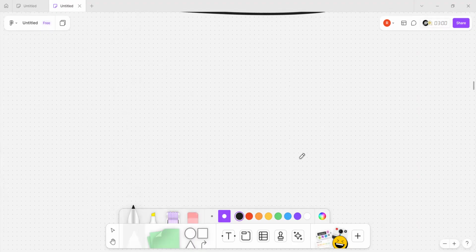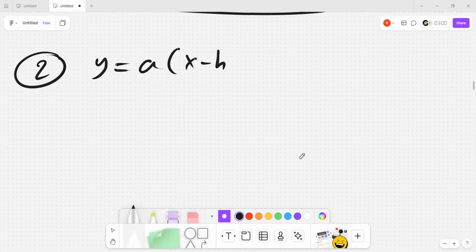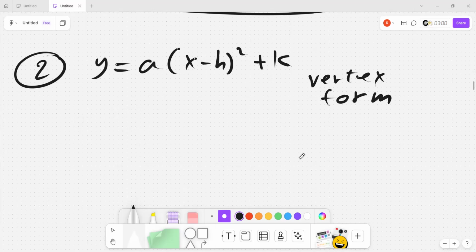Next, the second equation that represents the parabola is also written as y equal a(x minus h) squared plus k. We call this equation vertex form. Why? Because we have the x and the y of the vertex inside.